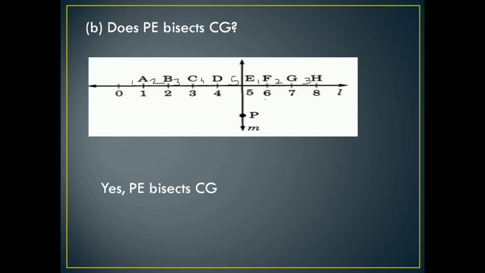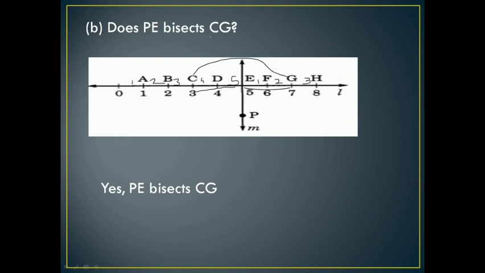Yes, PE bisects CG. But is it right? Just look here. We have to count just CG. For the CG, here are only 2 units, and here it is only 2 units. So while counting these, we have to count the units as per the given lines.